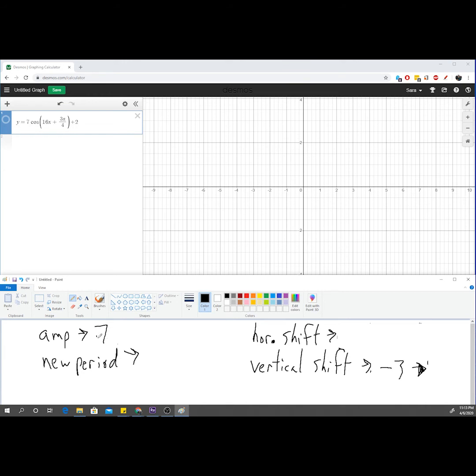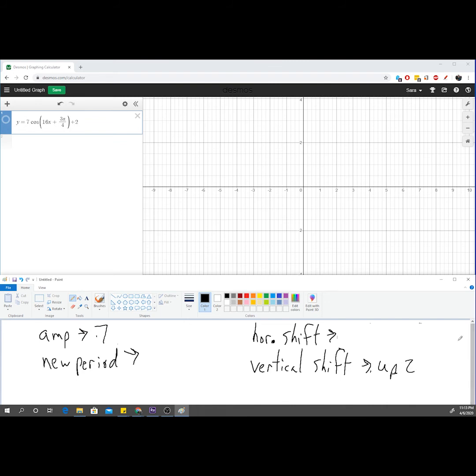Our amplitude is going to be 7. Our vertical shift is going to be equal to the number on the outside that we're adding or subtracting. We're going to go up 2 units.